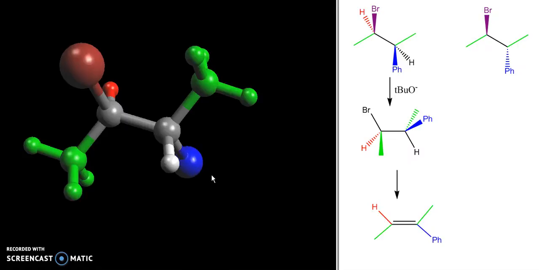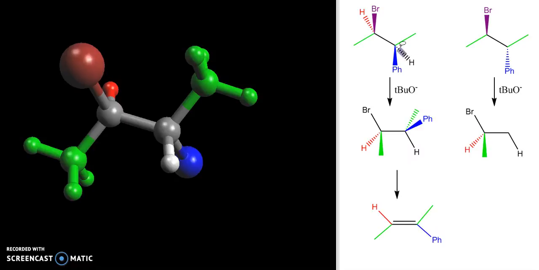We're going to start out the problem the same way by drawing this molecule in the reactive conformation with the bromine and the hydrogen anti and periplanar to one another. So bromine up, hydrogen down, same plane. Keeping in mind that we didn't change anything at this center, the stereochemistry here and the representation here is going to be the same in the second example.